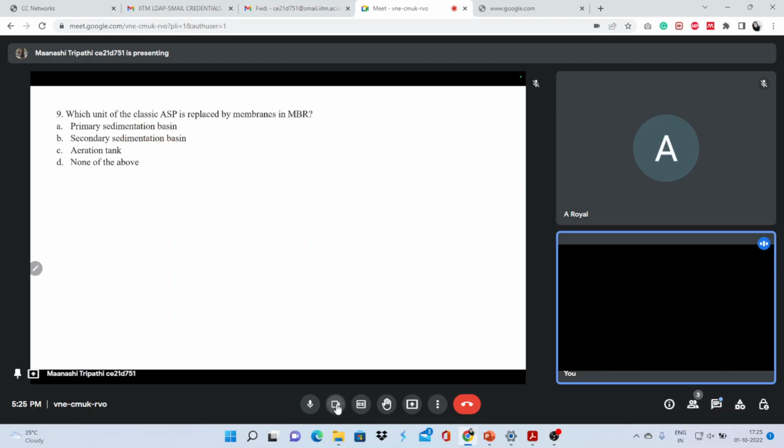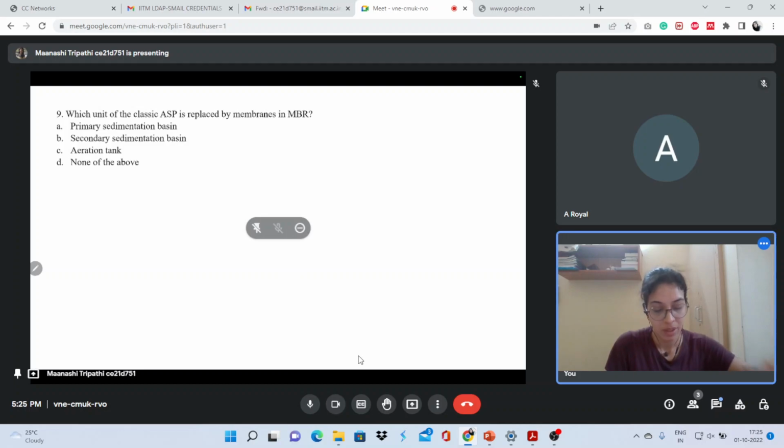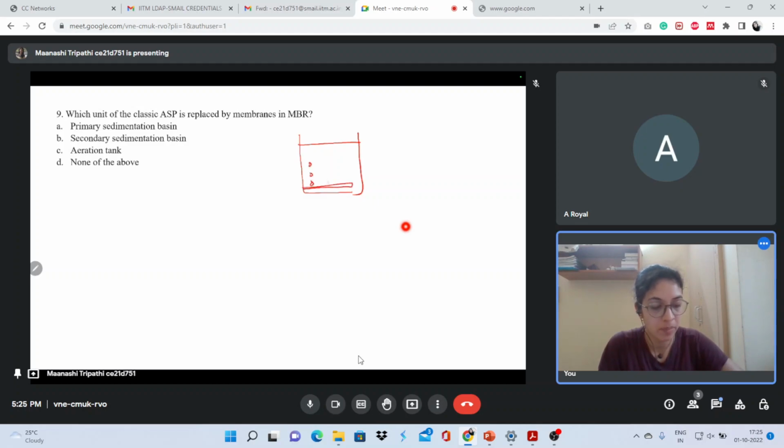Moving to the next question. Question number 9. Which unit of the classic ASP is replaced by membranes in MBR? Earlier, what is ASP? There will be some aeration, either mechanical or diffused. This will be filled with water, and if we talk about diffused aeration, bubbles will come, or it may be like this also, anything is fine.